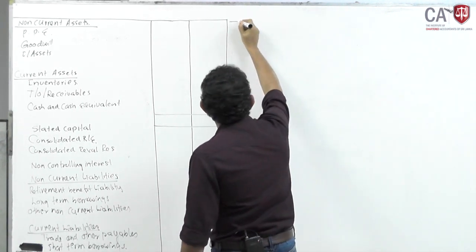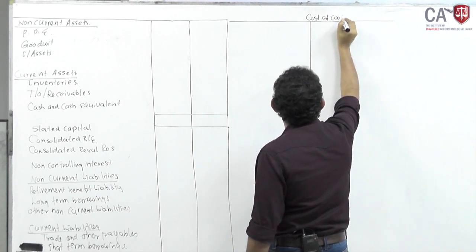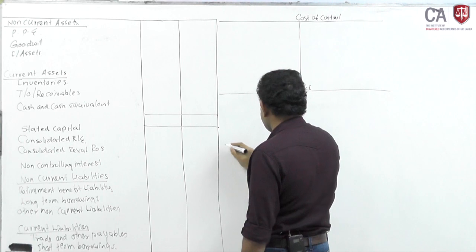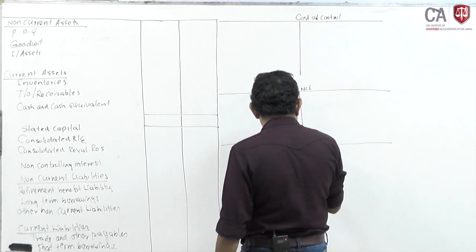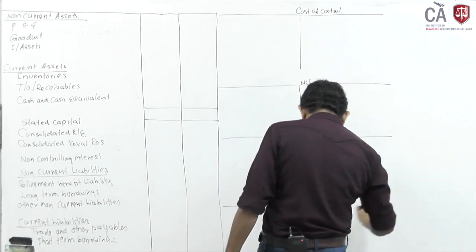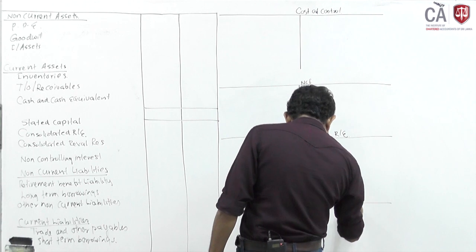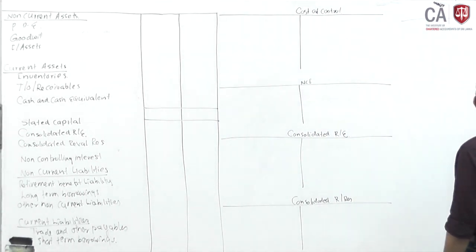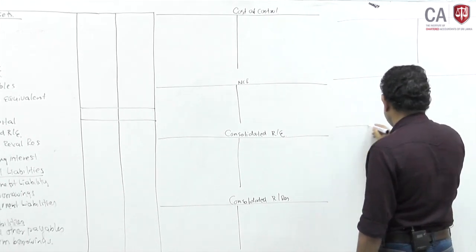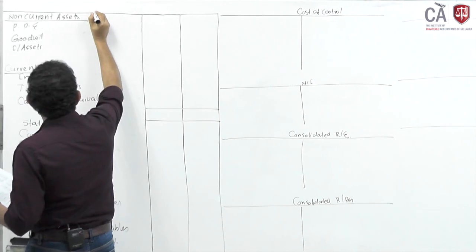We will open up the required accounts: cost of control, non-controlling interest, consolidated retained earnings, consolidated revaluation reserves. So the reporting date is 31st March 19.